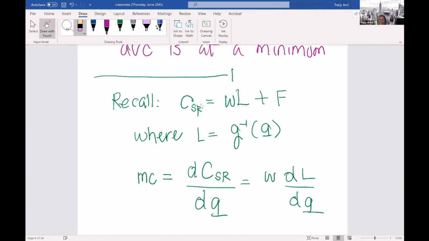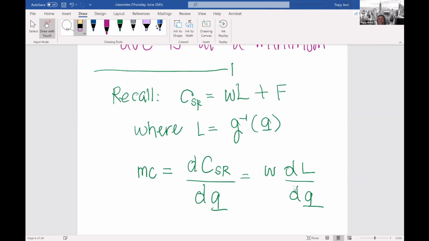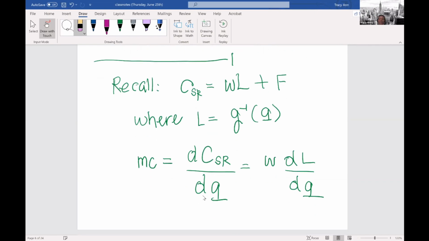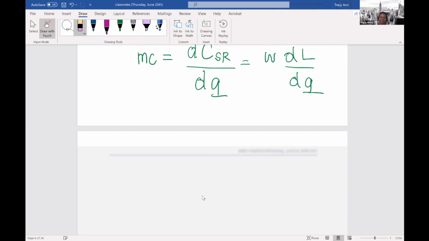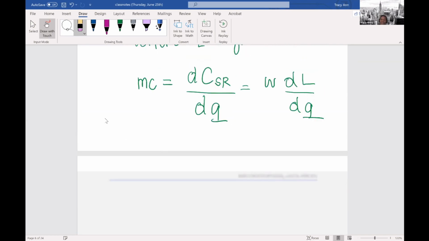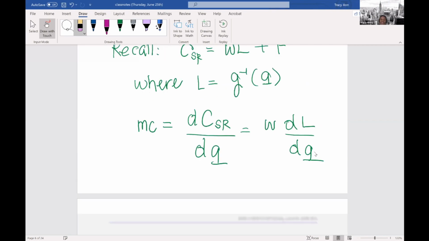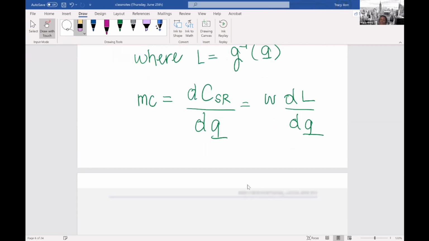If you look at your cost function, if I'm going to take this derivative, then essentially I'm saying it's equal to W times the derivative of L with respect to quantity. Your dL/dQ, if you remember, is equal to 1 over MPL. And because your dL/dQ is equal to 1 over MPL, you should be able to then write W over your MPL.